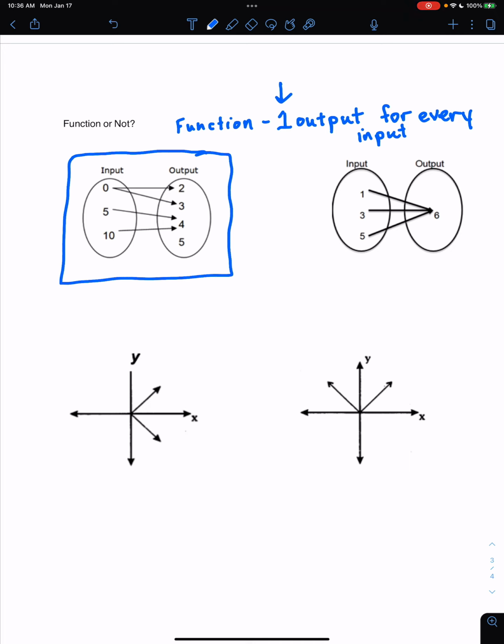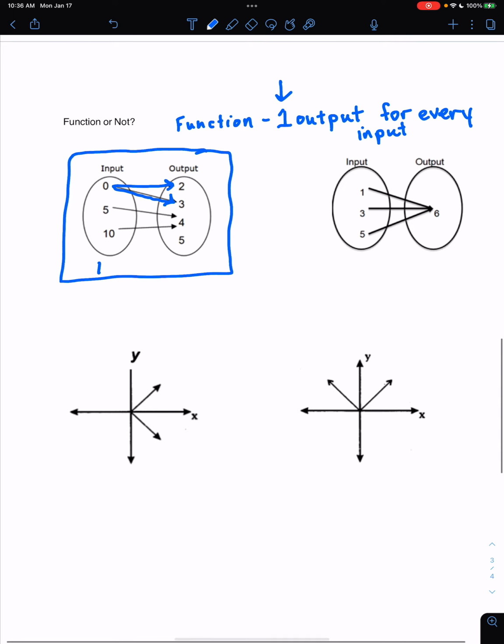And we have arrows representing the relationship between the input and the output. And here is the key, that this input 0 has two outputs, and that makes this not a function.